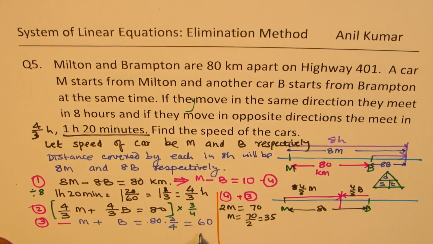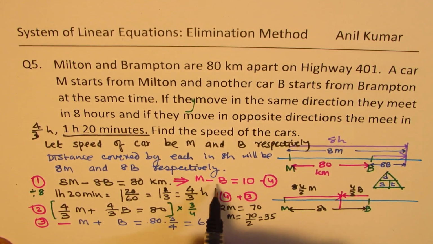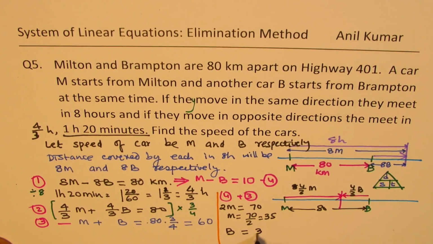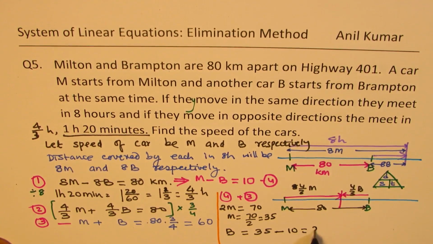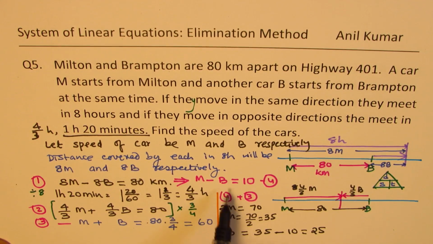And if I take away one from the other, or now we can write, since we got one value, m, we can find what b is. So b equals 35, we substitute here, minus 10, which is 25, correct? So from here we can find what b is.